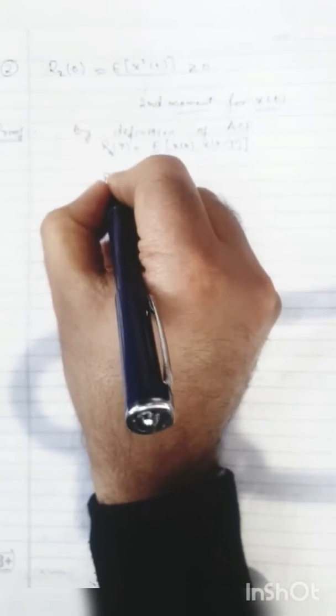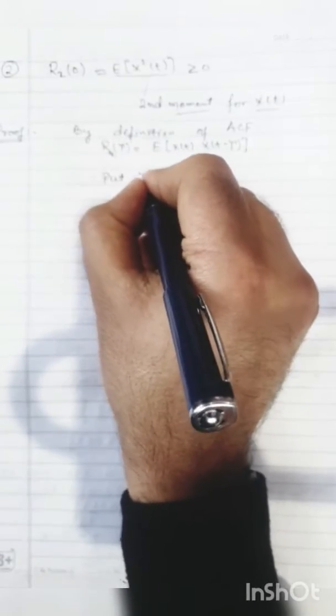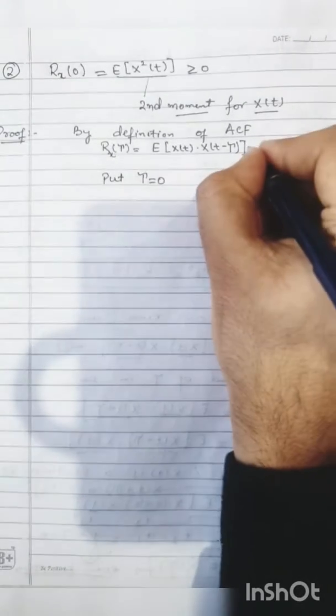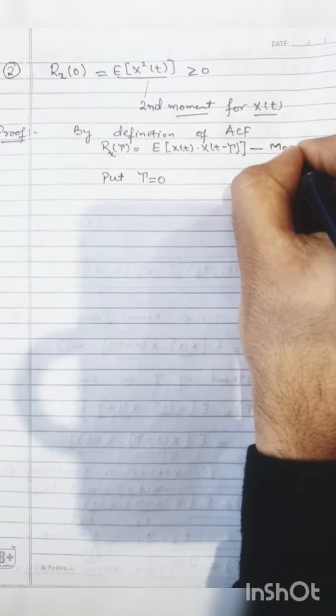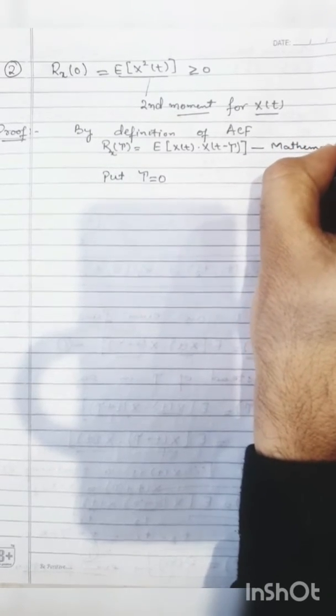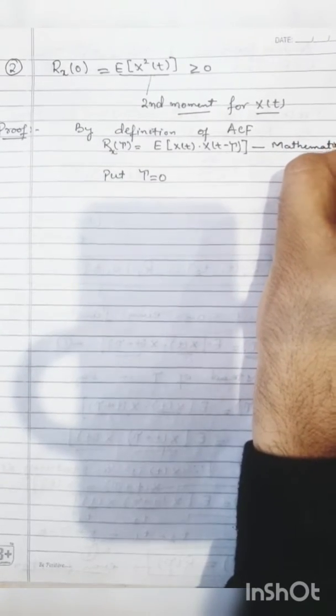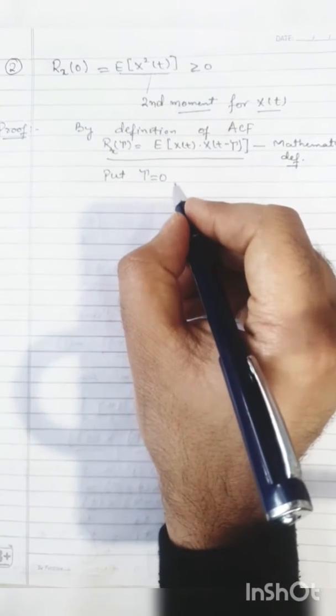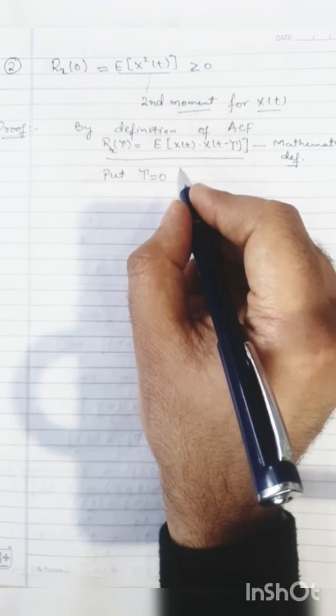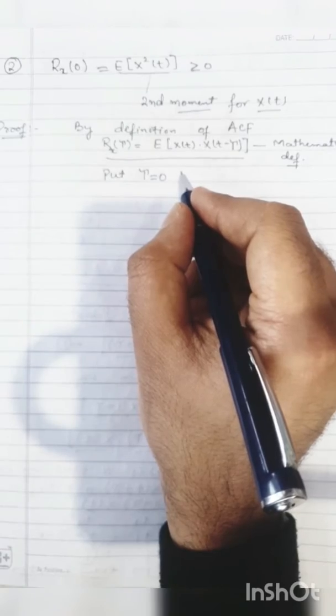So put tau equal to 0. This is by the mathematical, or you can say quantitative, definition: you have R_x(tau) equal to the expectation of the product of X(t) into X(t minus tau).